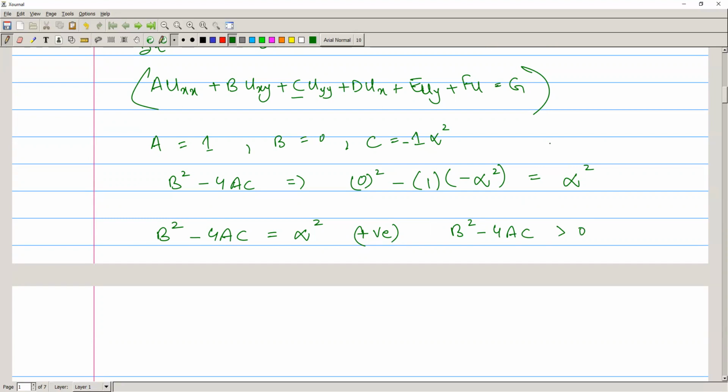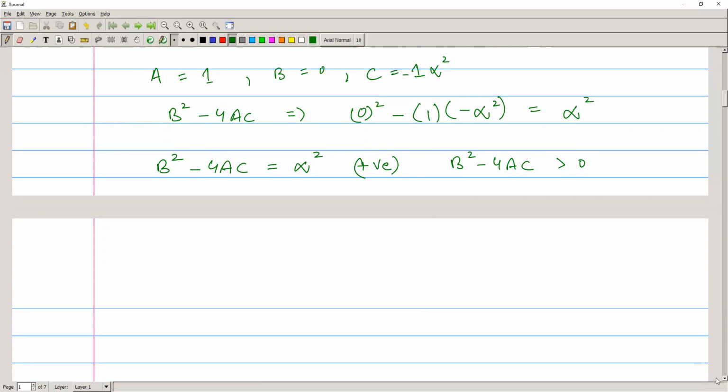Whatever value of alpha we plug in, that will give a positive value, right? So b squared minus 4ac is greater than 0, so it's an example of a hyperbolic second order partial differential equation.